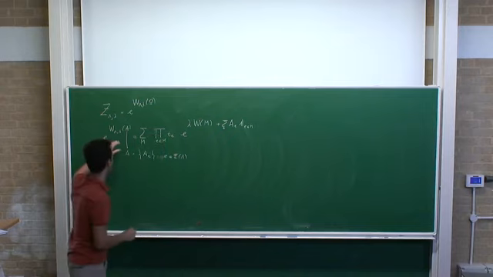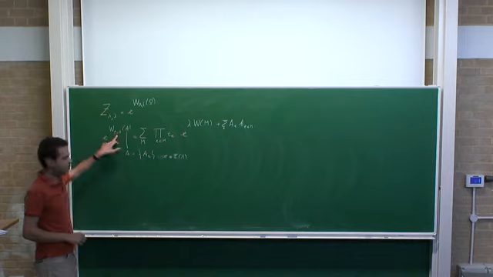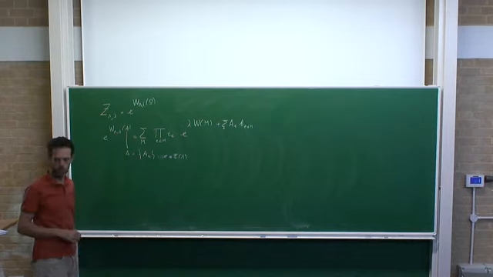Then by taking derivatives with respect to the various a's of W, you get all possible multi-dimer correlations.